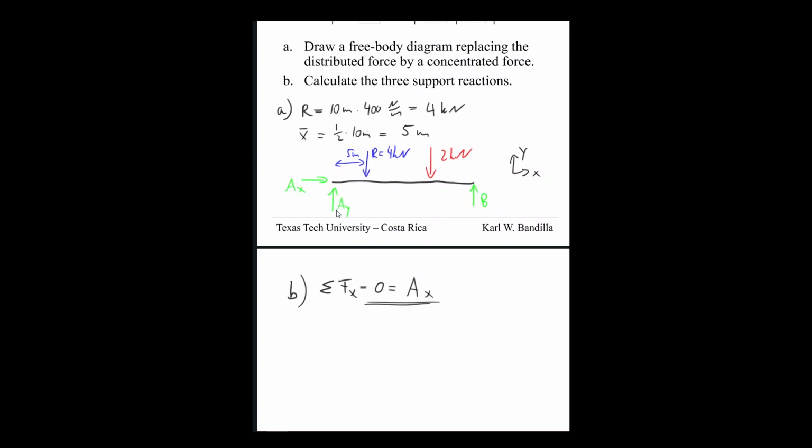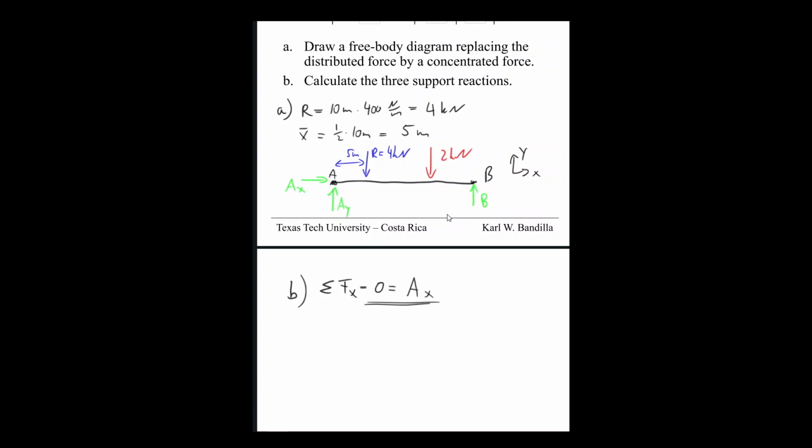Now if we look at the Y direction, then all our remaining forces would be going in there, and both AY and B are unknowns, so that really doesn't help us anywhere. Now if we've used our two force equations, then we're left with moment equations. So if we think about, for instance, doing the moment around, let's put an A here so we remember, and a B there. Right?